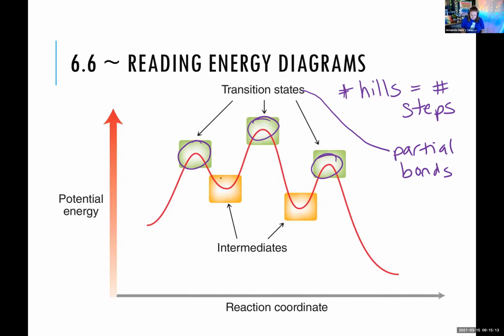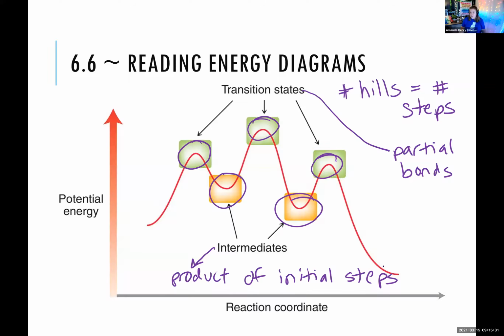The intermediates are in these little valleys, and the intermediates are the products from each middle step. So this is a 3-step reaction. This would be the product from the first step.